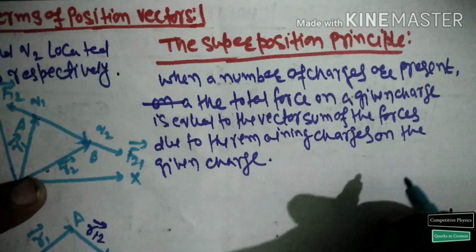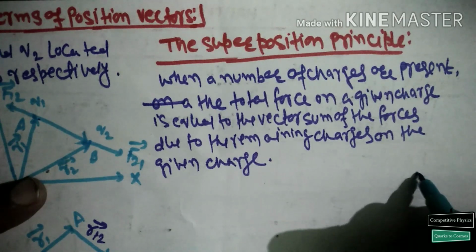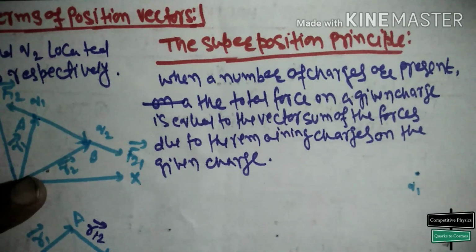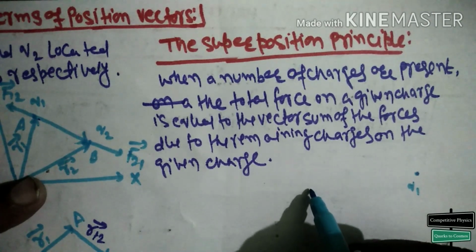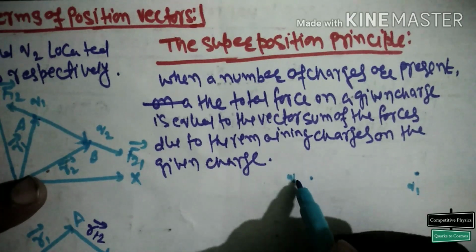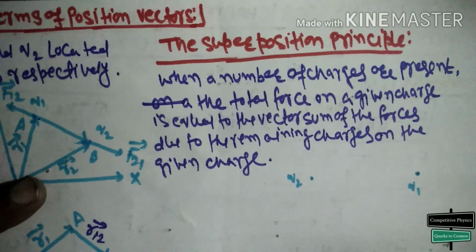Suppose here is the charge q1, here is the charge q2, and here is the charge q3, and suppose there are n number of charges, and here is the charge qn.